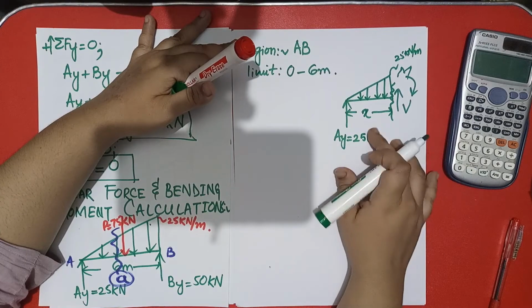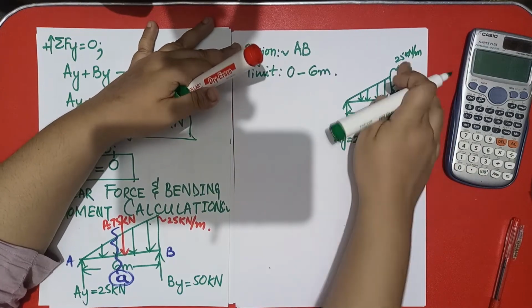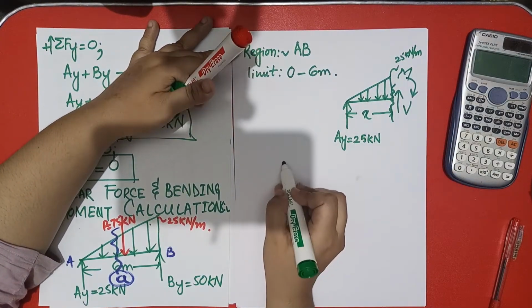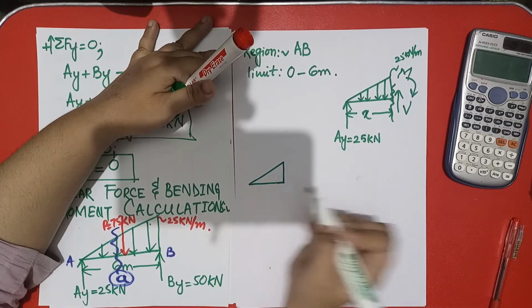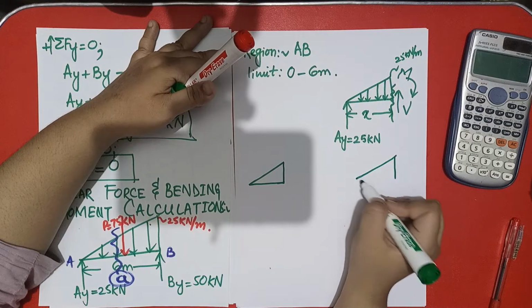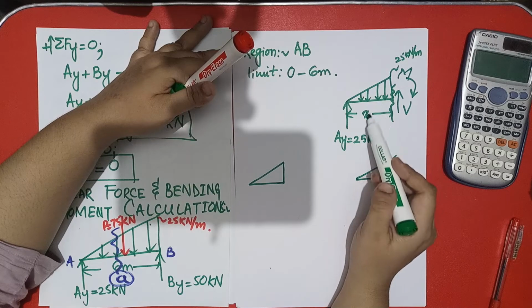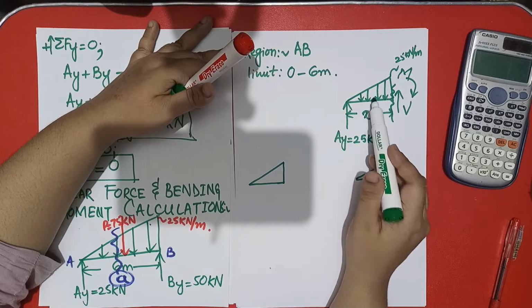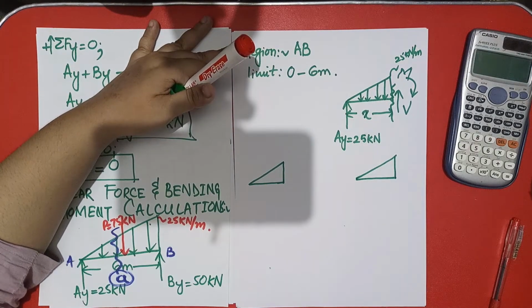So right now for this, we will take it as y. Now I have to take two triangles over here, because I have to find the shear force and bending moment equation. But keep in mind, if you have this x, then the point load should be in terms of x.